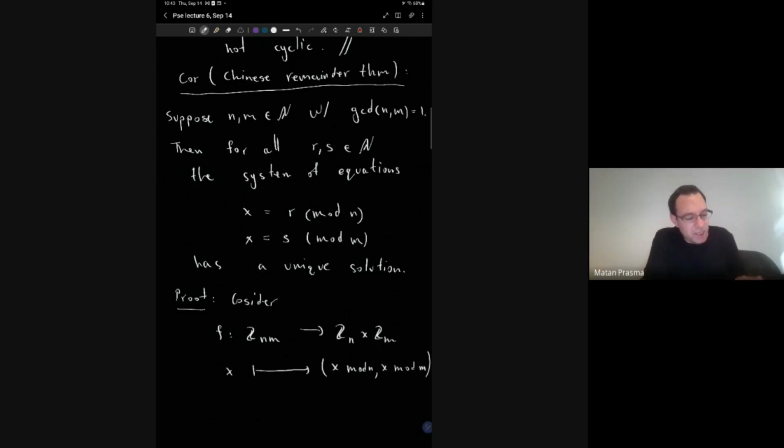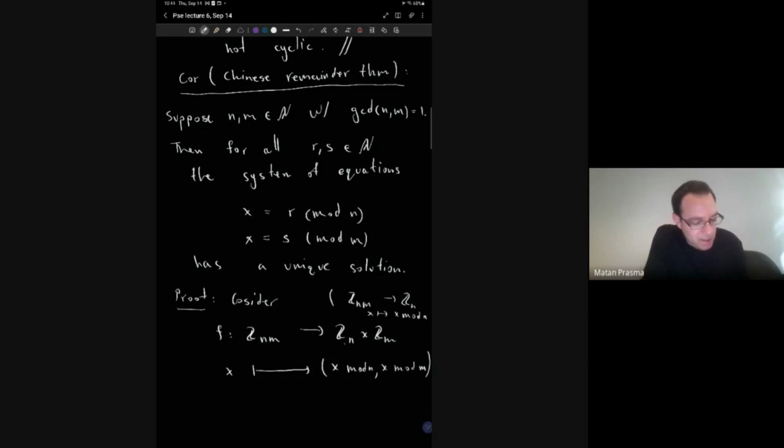Now, we actually saw that if you map Znm into, for example, Zn, by taking x to x modulo n, you get a group homomorphism.